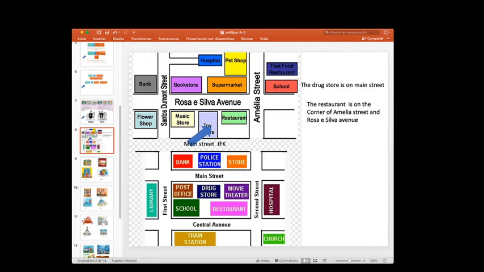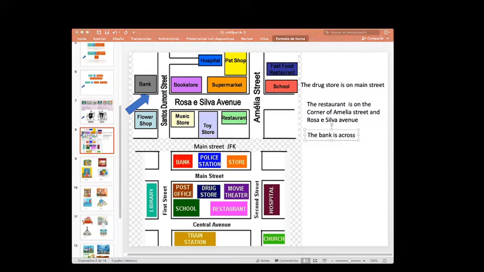Another one, it could be, for example, the bank. The bank is across from which object?